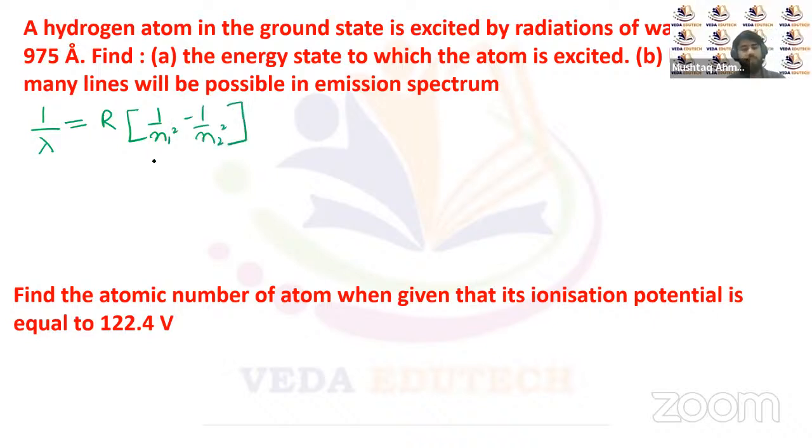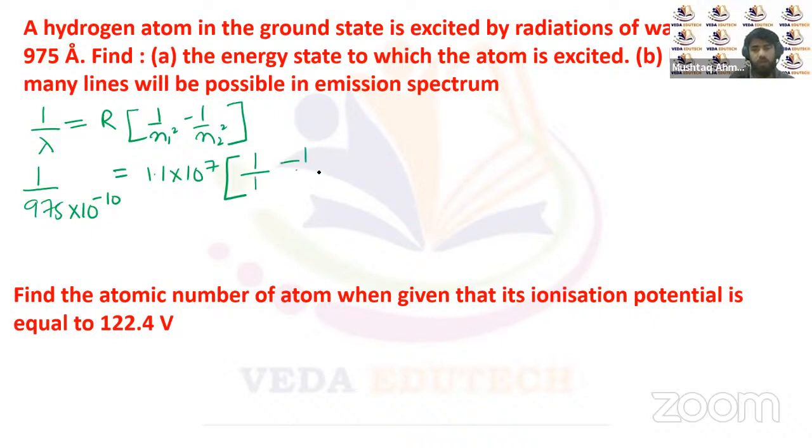So the value of lambda is given as 975 angstrom, we can write it as 975 times 10 to the power minus 10 meter, and the value of R is 1.1 into 10 to the power 7 meter inverse. Since it's a transition to the ground state, the value of n1 is 1, and for the higher energy state the value of n will be n. We have to calculate this value of n, so we can find the higher energy state to which the electron has jumped.